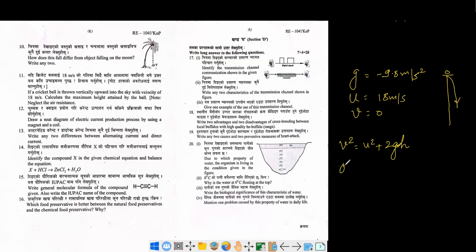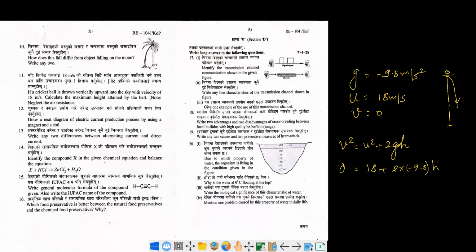Okay, v is 0, so u is 18 plus 2 into 9.8 into h. Okay, let me just check what is final velocity. Initial velocity is there.